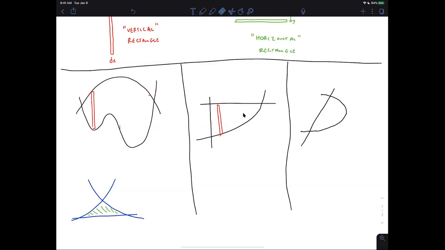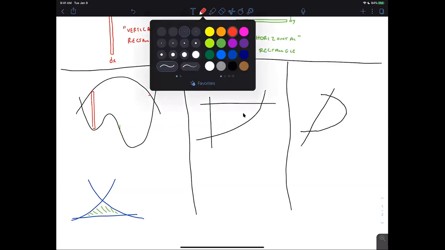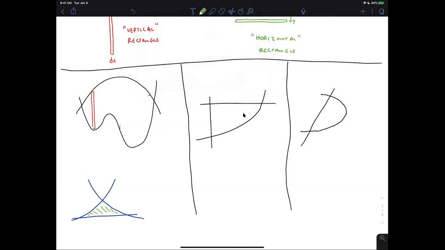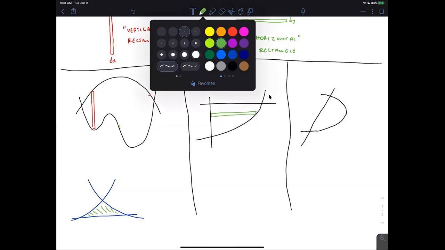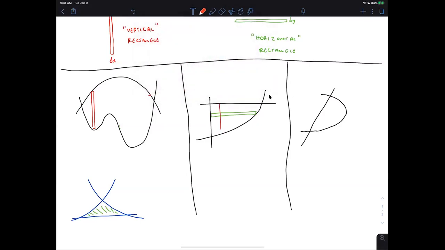Does a horizontal rectangle work well in this diagram? It also works fine. So left to right, the left-hand boundary would be that vertical line on the left. The right-hand boundary would always be this curve. Does that make sense to everybody? We clear? Okay, so the first one could be or should be vertical. The second one, both of them work well.